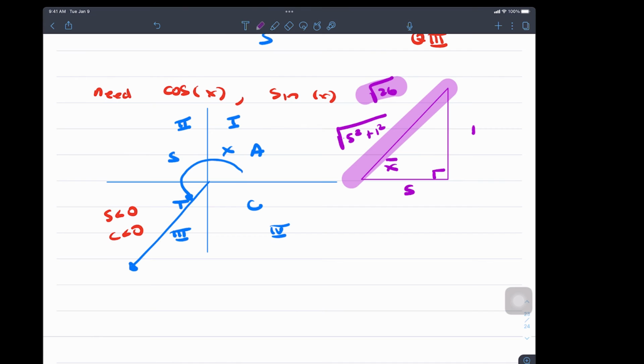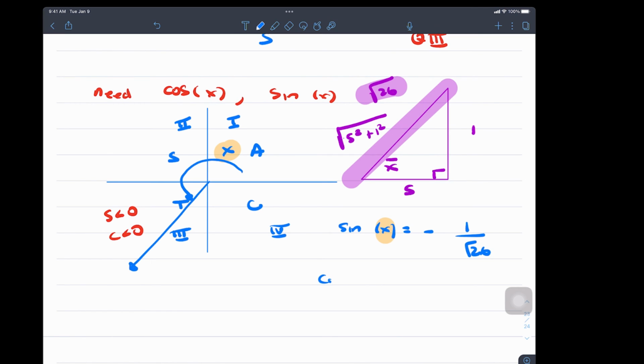So what do you think that's going to mean for us? That means sine of the full angle is what? This is the full angle here. Sine of that full angle is going to be negative 1 over the square root of 26.